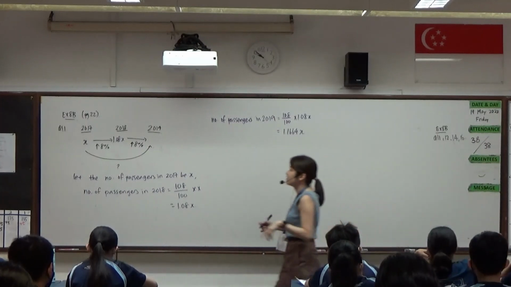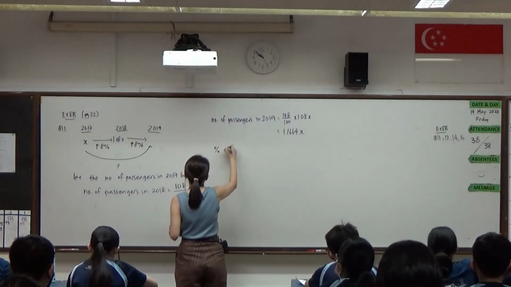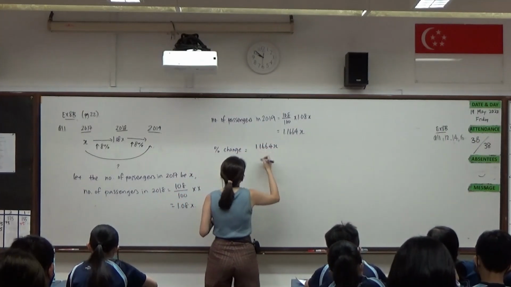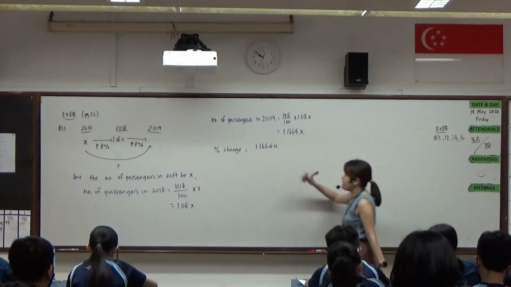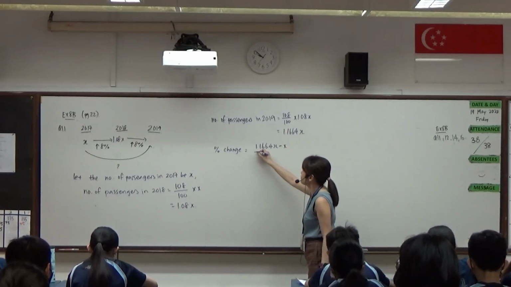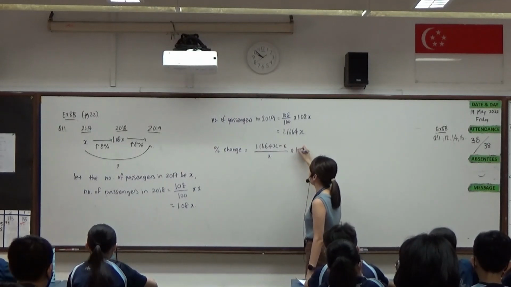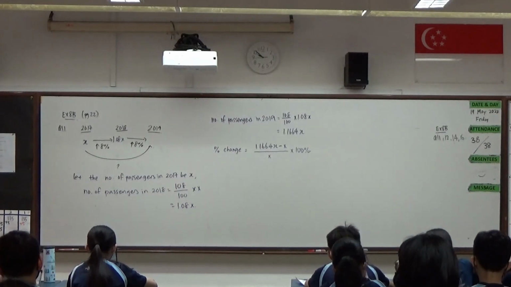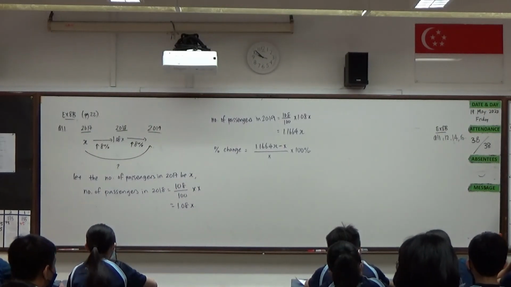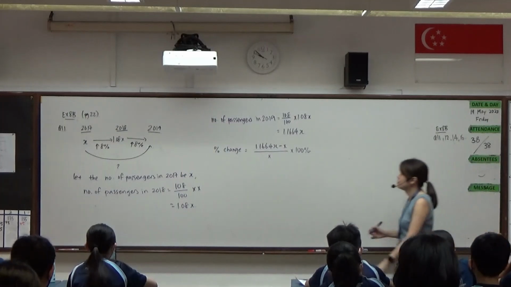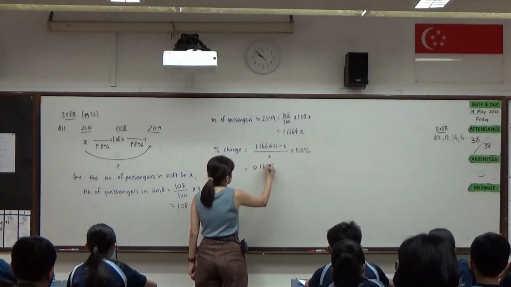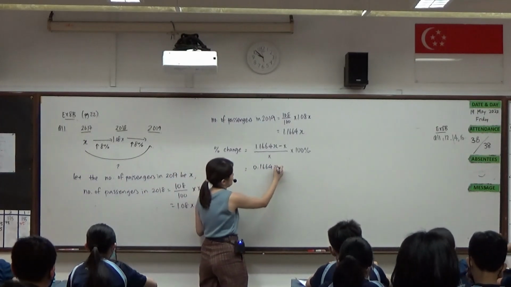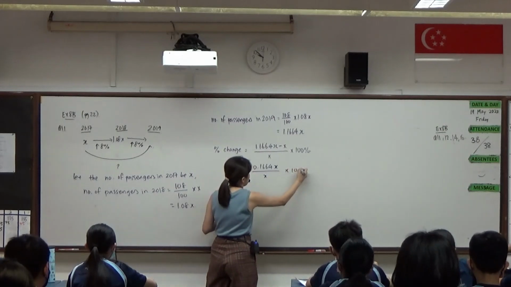Then now we can find out what is the percentage change. So we take the new value in 2019, minus away the original value, divide by the original, times 100%. So we know that 1.1664x minus away x will give us 0.1664x over x times 100%.